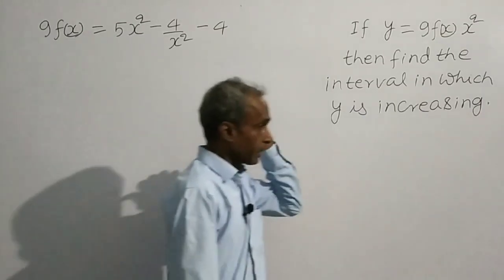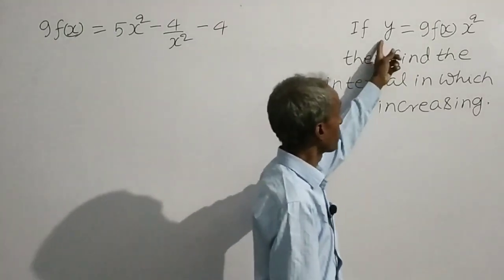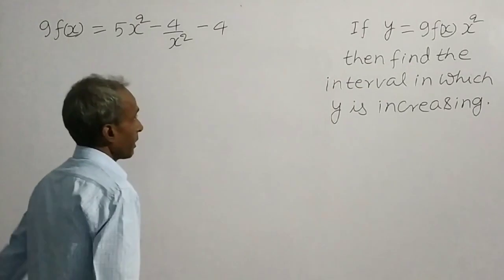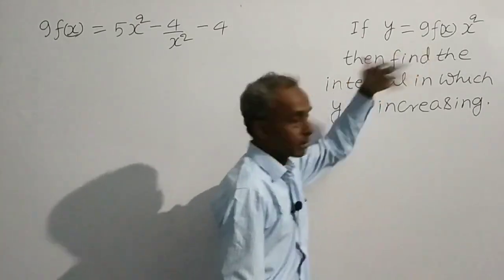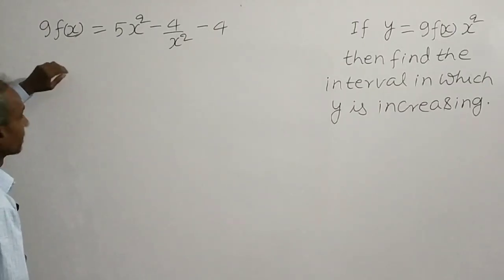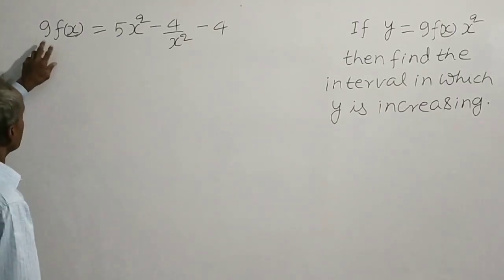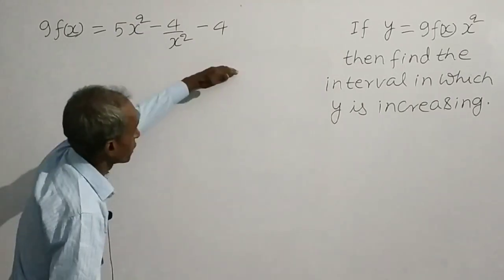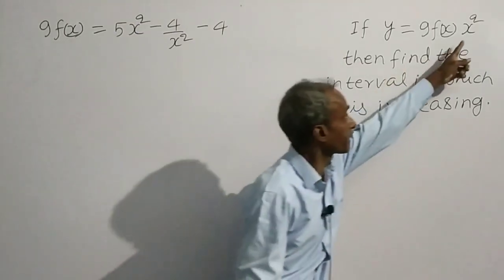But in this question it is given that y is equal to 9f(x)x². Here is the 9. Therefore we don't need to find f(x) by dividing by 9. We leave 9 here. Now we multiply both sides by x².